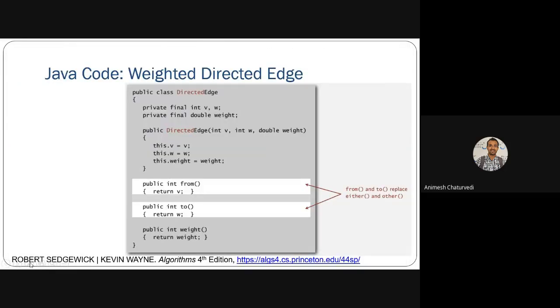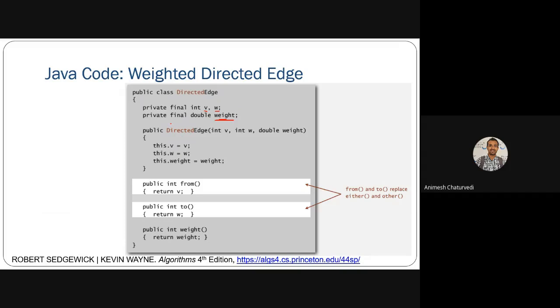In this, you actually have the u and v as the vertices, and w as the weight. So there are three things: the vertices u and v, and the weight between them.